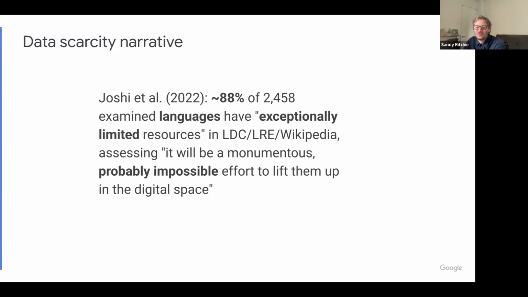And they said it will be a momentous and probably impossible effort to lift them up into the digital space. So basically in our paper and this talk, I'm going to try and engage with this. I feel like this is a kind of dangerous and slightly damaging myth, and I hope to dispel this myth.